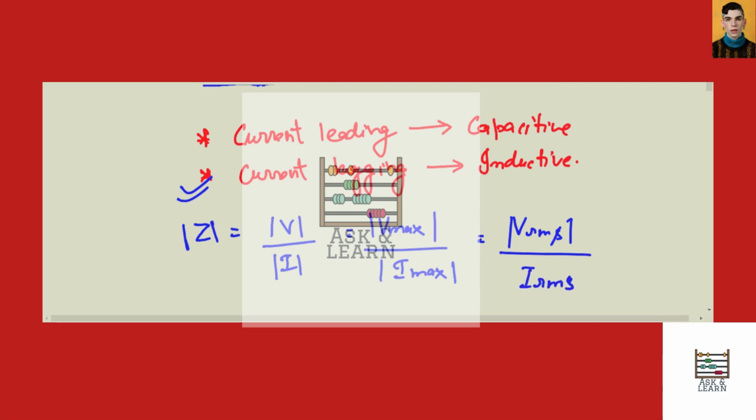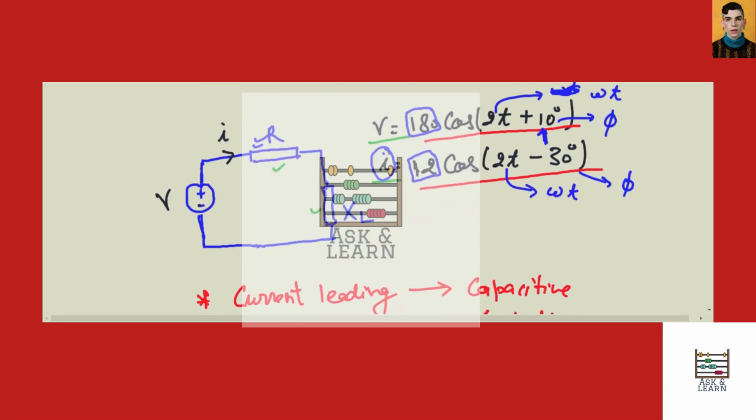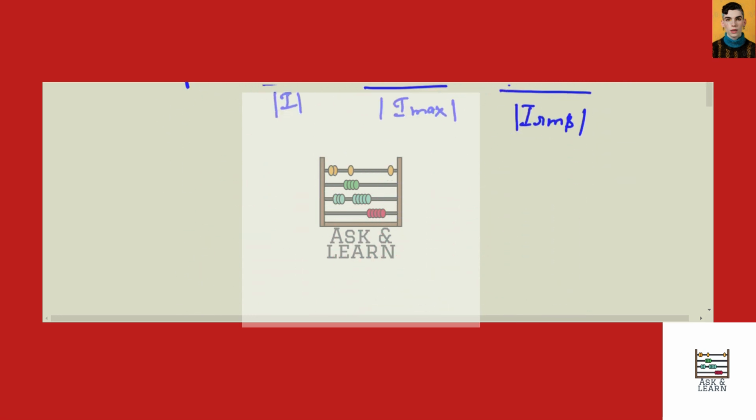If we look over here, we have the values of maximum voltage as well as maximum current. The V maximum is 180 volts and I maximum is 12 ampere.